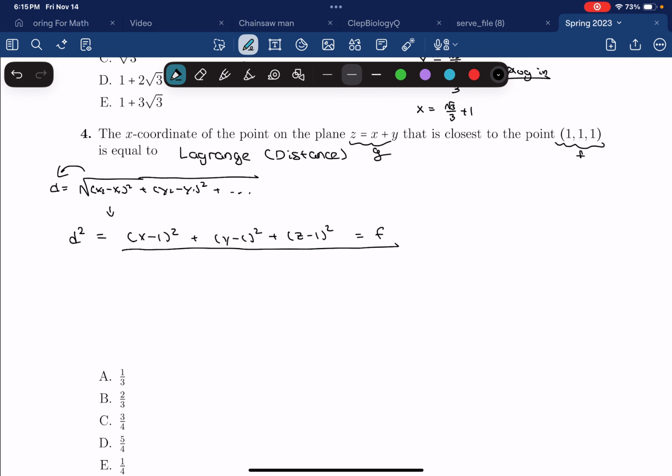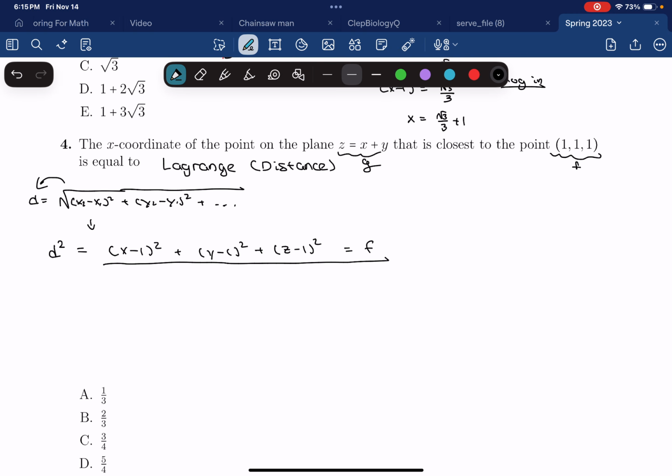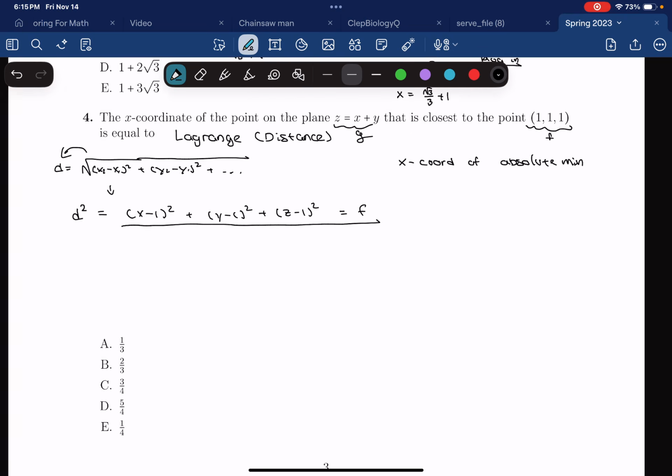So how do we do this now? Now that we do this, we want to find the x-coordinate of the absolute min. Okay, so let's do this.